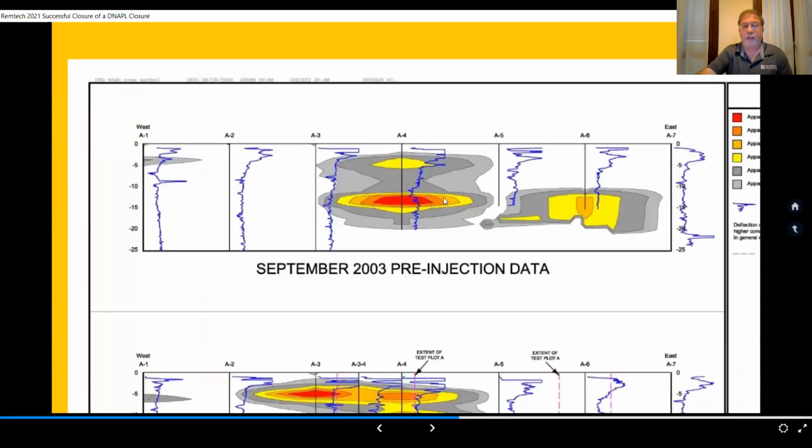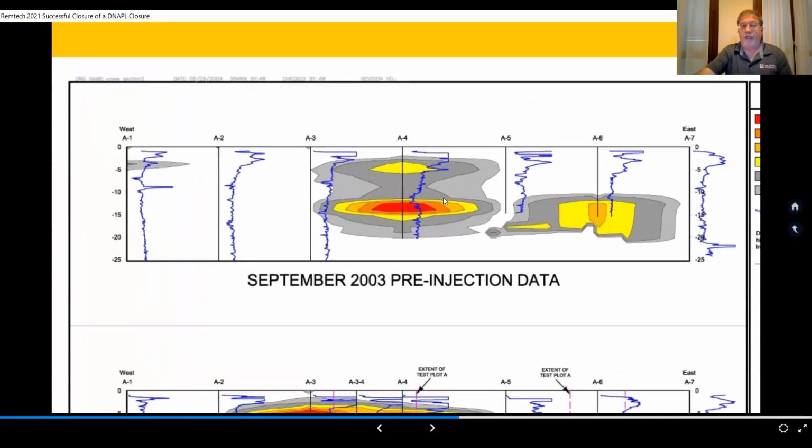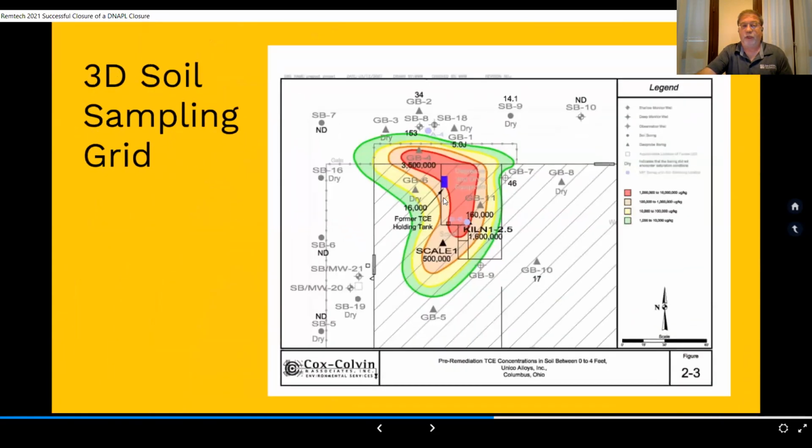And so if we look at the pre-injection MIP data, we do see that there is a strong source characteristic down there around 5 meters or so, and that it extends off to the right there. So what we decided to do was estimate the quantity of TCE that was in the ground based on sampling data that the previous consultant had collected and that we had followed up with.